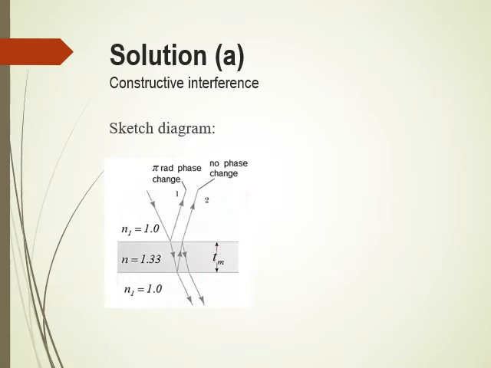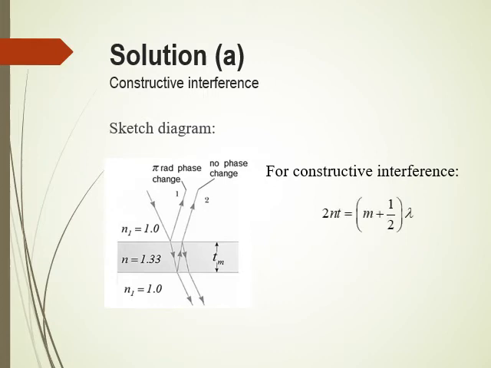For antiphase sources, if you want constructive interference, you apply the equation 2nt equals m plus half, lambda. Since the question is asking for the minimum thickness, we assume m equals 0. Why?